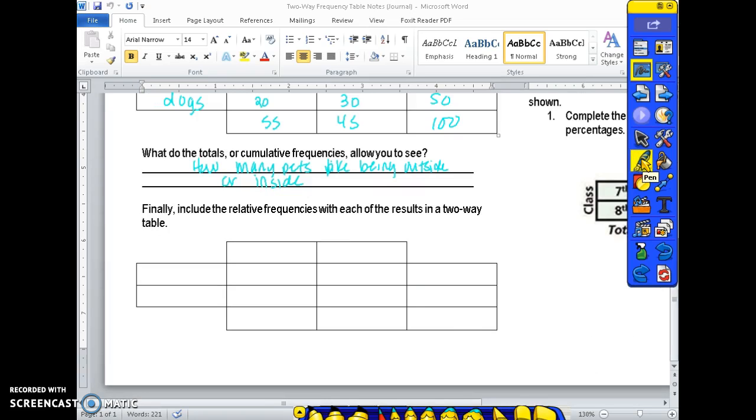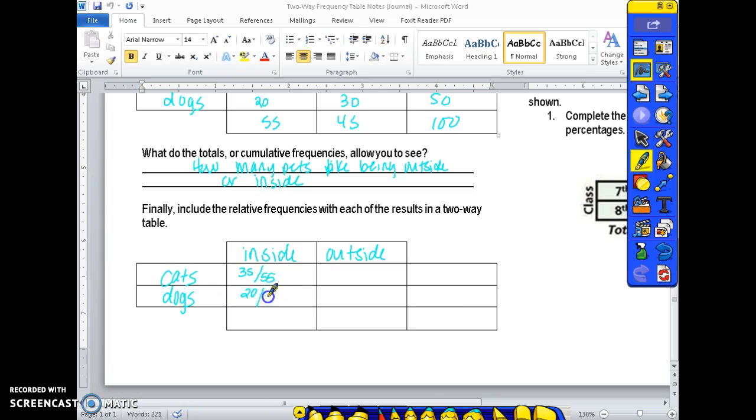Finally, include the relative frequencies with each of the results in a two-way table. So again, we have cats and dogs, inside or outside. There's the 35 out of 55 total that like being inside that are cats.